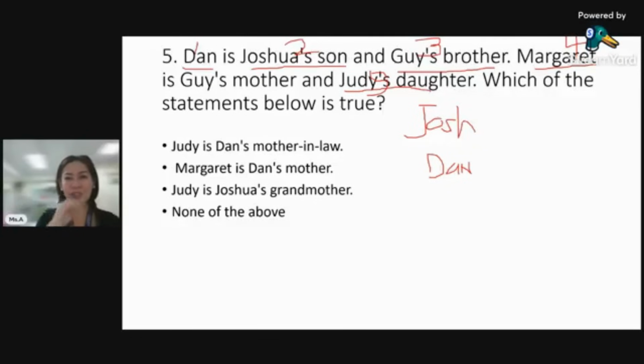Okay. Tapos, brother ni Dan, si Guy. Tapos, si Margaret ay nanay ni Guy.